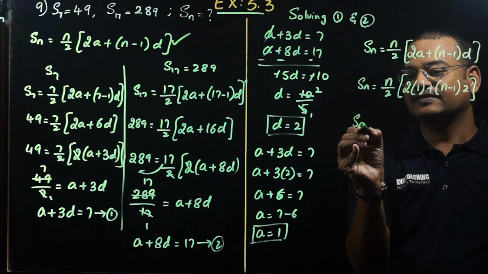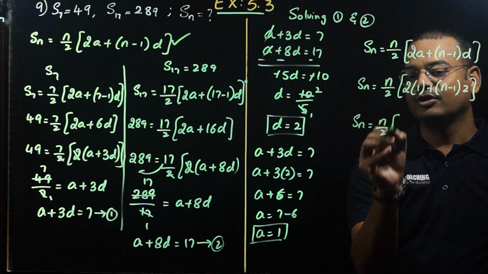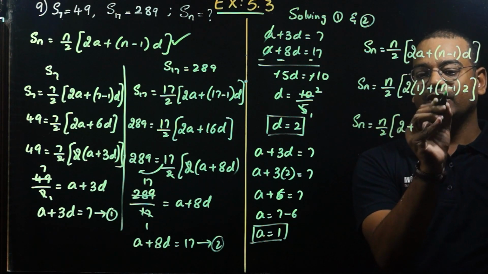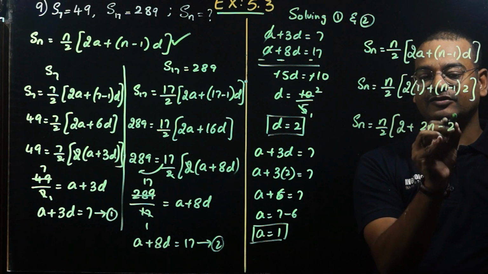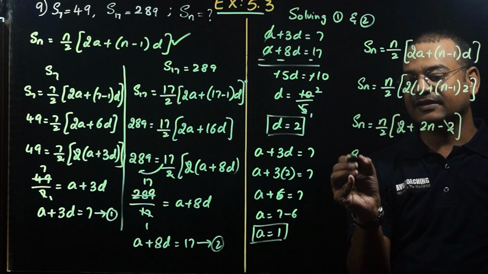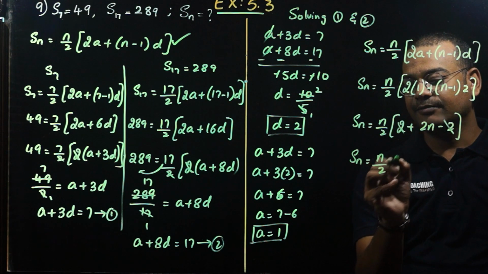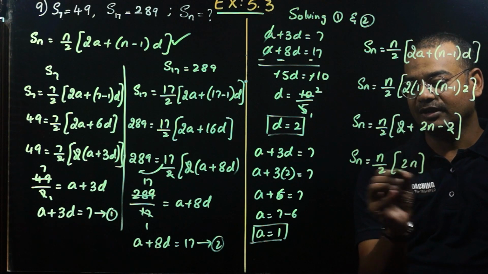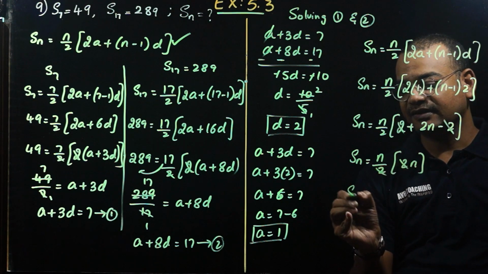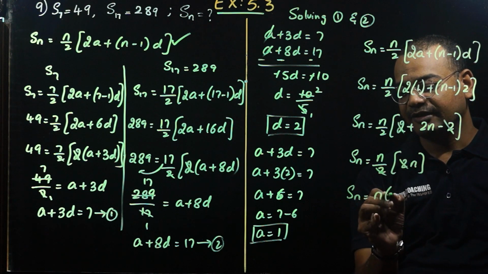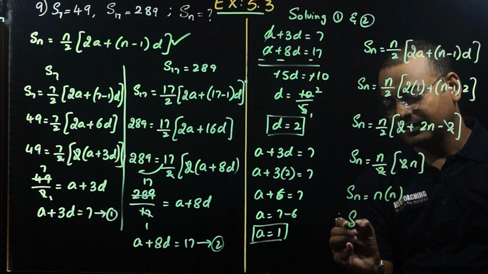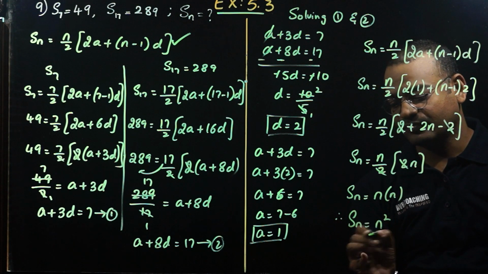So Sn is equal to n by 2 into 2 plus 2 into n, which is 2n, minus 2. Plus n minus n gets cancelled. This is plus 2 minus 2 gets cancelled. Here is n by 2 into 2n. So this 2 gets cancelled. Sn is equal to n into n. Therefore Sn is equal to n square.